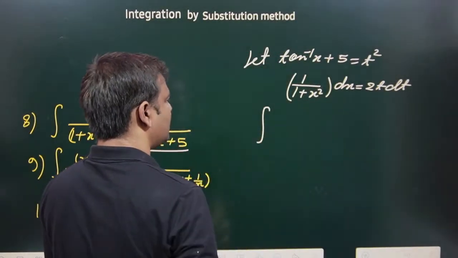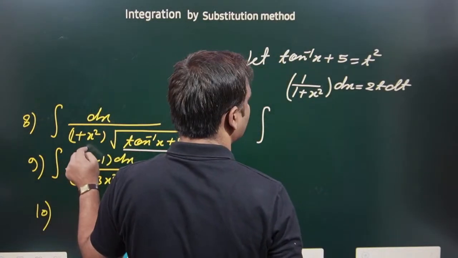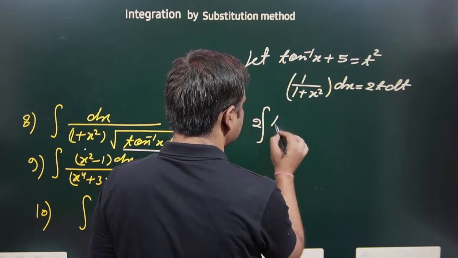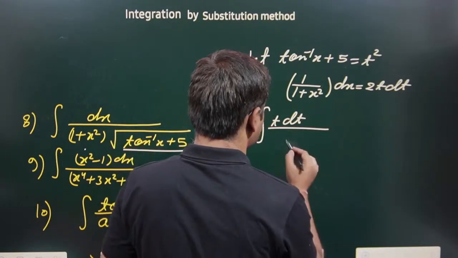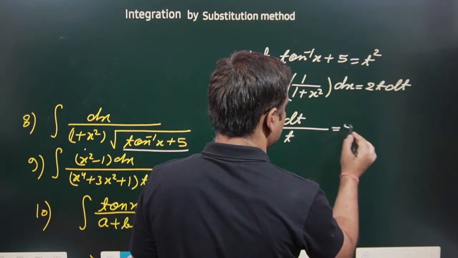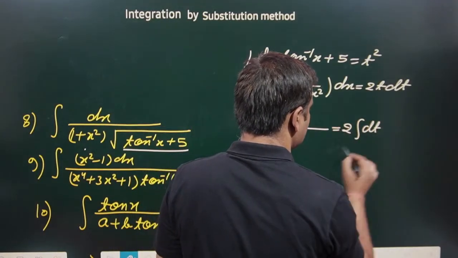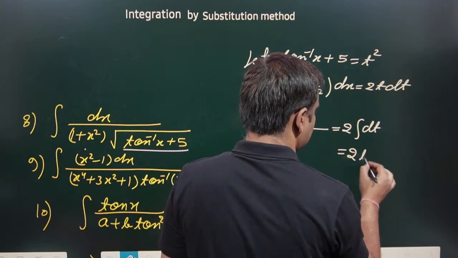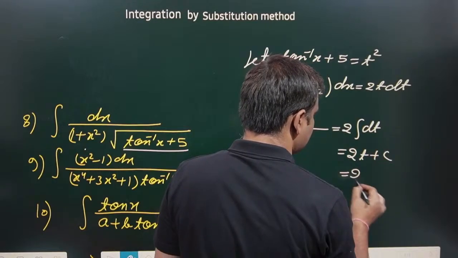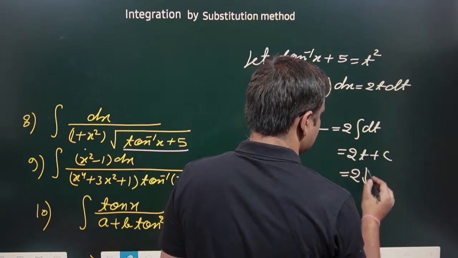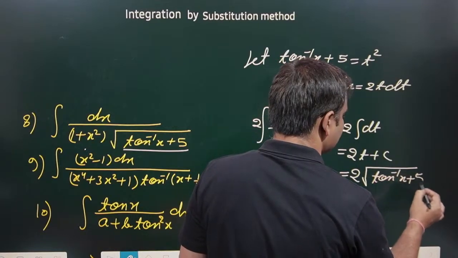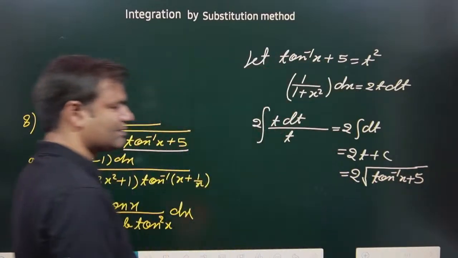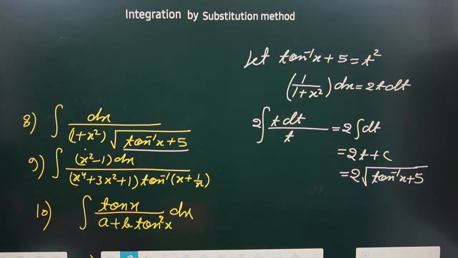Okay, now dx upon 1 plus x square is 2t dt divided by t, so t cancels, 2 into dt, and here t plus c, so 2 into t, basically, is 2 under root tan inverse x plus 5 plus c. Okay, that is the right answer.